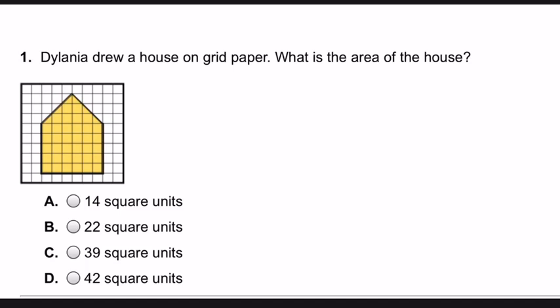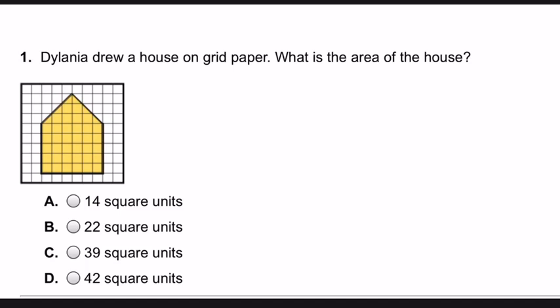Delania drew a house on the grid paper and we need to find the area of the house. In this house, first we need to count the whole squares, then the half squares. Do you remember the half squares?